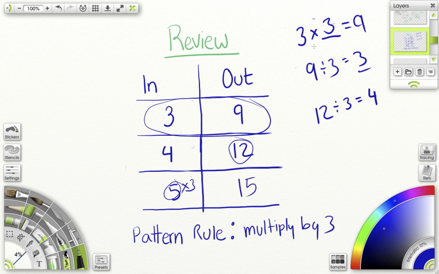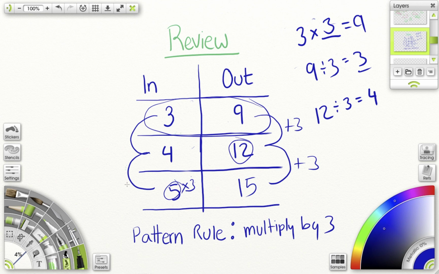Another thing is you'll see on this column, these numbers here, 3, 12, 15, they're going up by 3. That's how you know you've also gotten a good pattern, is because these numbers here go up by the same amount each time, and these numbers here go up or down by the same amount each time.